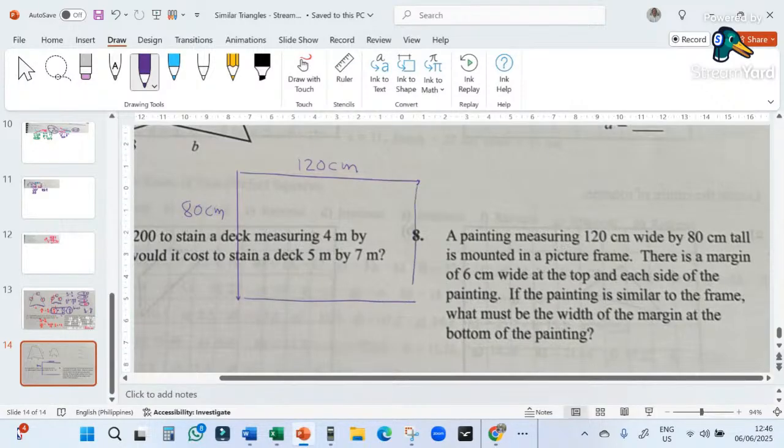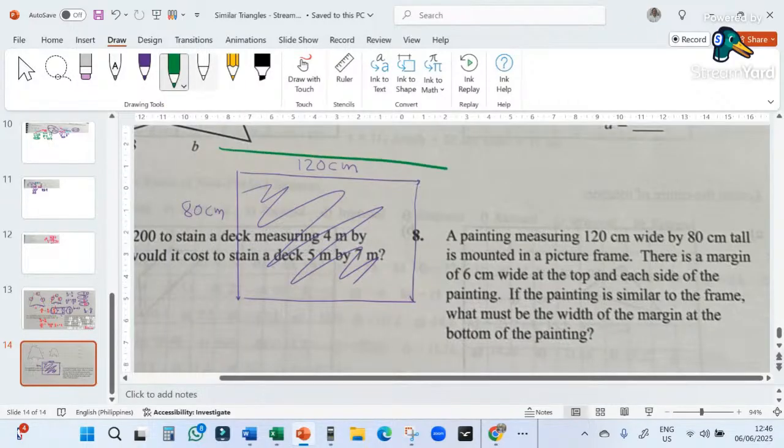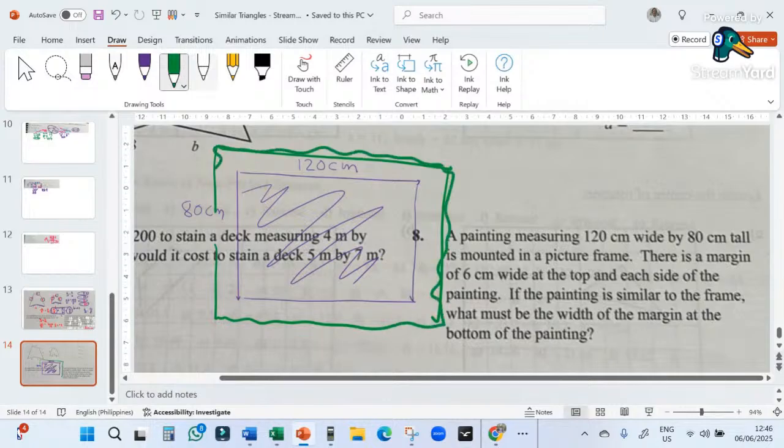Okay, so there's a painting. Okay, this is the painting. It's mounted on a picture frame. Okay, so picture frame. This is the frame. All right. There is a margin of 6 centimeters wide at the top. So we have a 6 centimeters margin here.